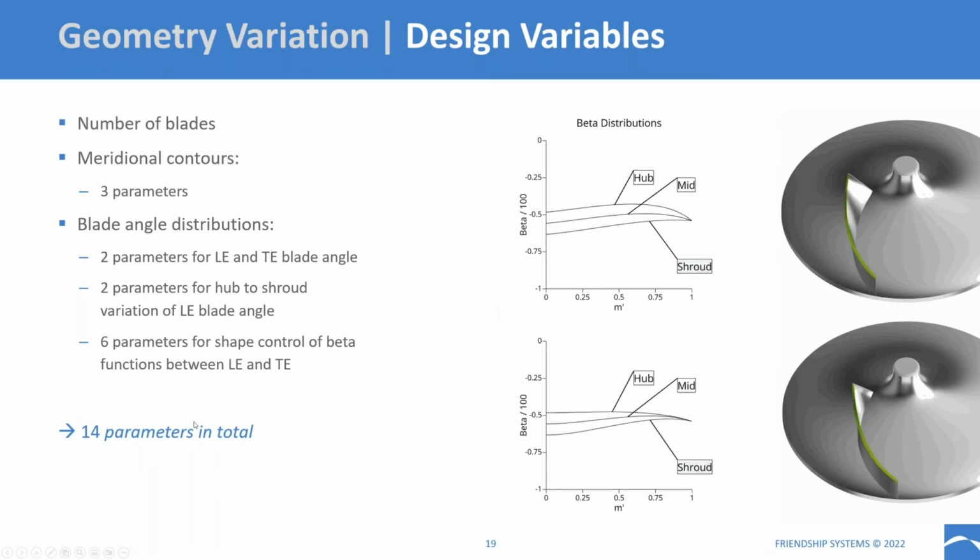So in total, we have 14 parameters, which allows us a good deal of variation and of creating different impeller types. Of course, we can always add more parameters, but this is what we selected for this study.